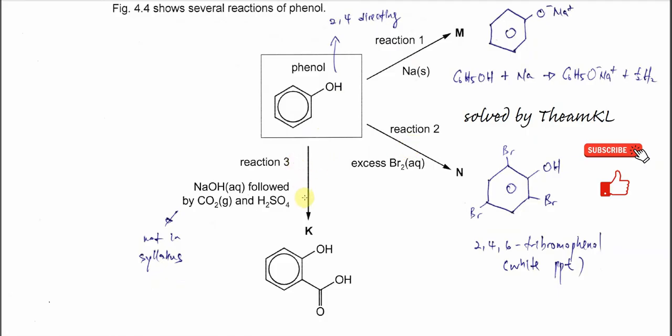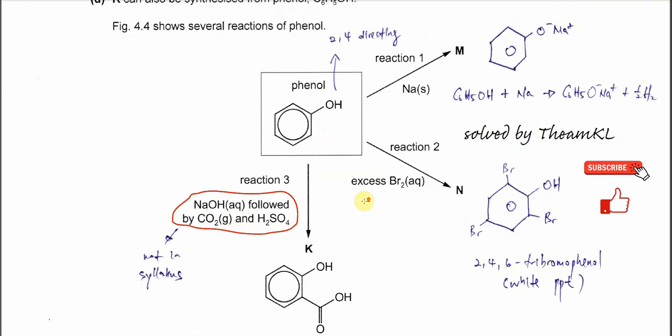Reaction 3, the conditions or reagents used, are actually not in your syllabus, so later it will not be asked, so no worry. This is how to form it: sodium hydroxide followed by CO2 and H2SO4. It's alright. So now we focus on reaction 1 and reaction 2.